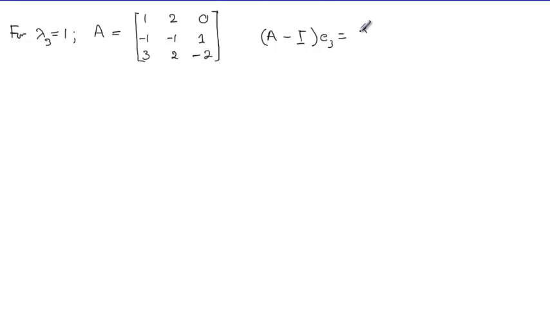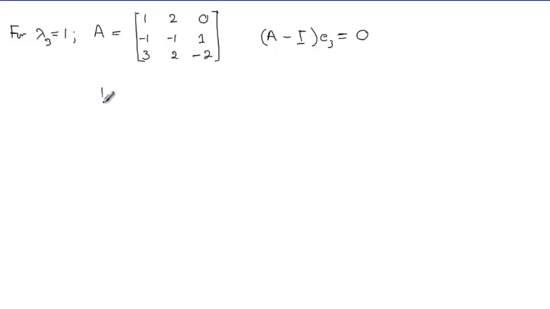This will give us a 0 vector. So doing this kind of calculation, the calculation only involves the entries along the principal diagonal.